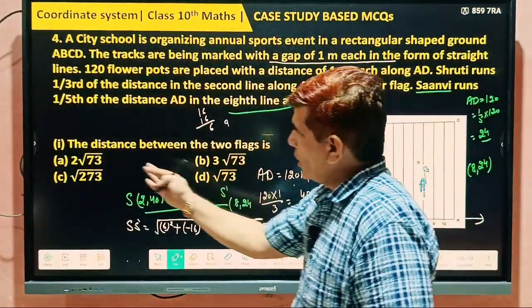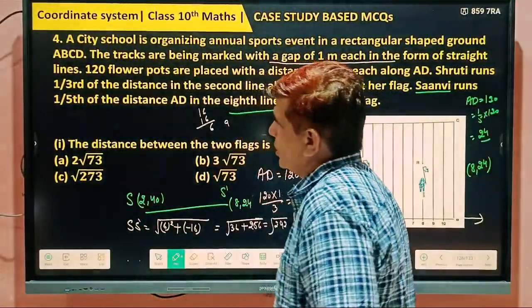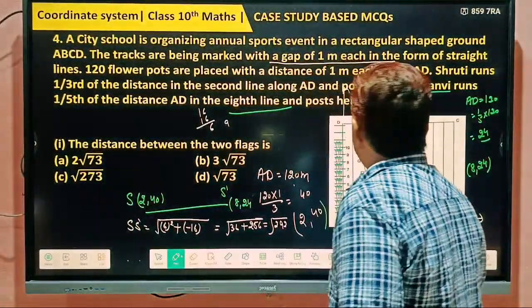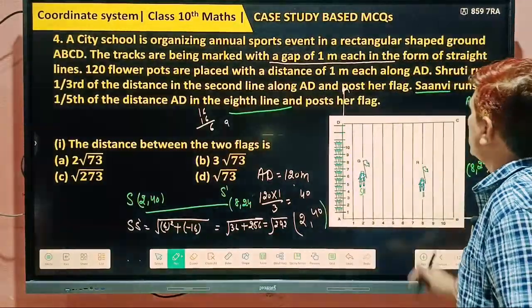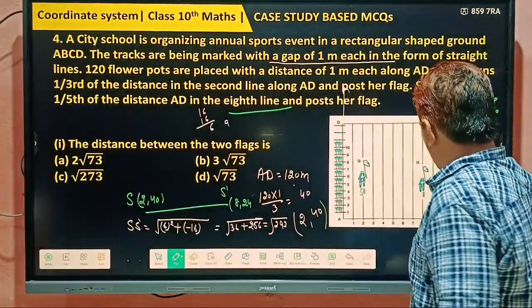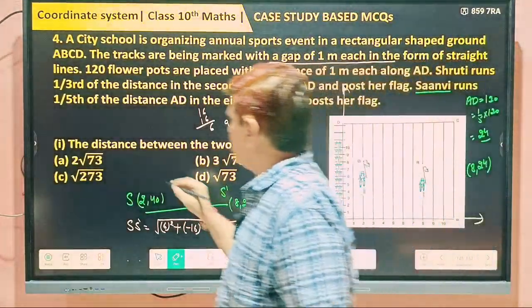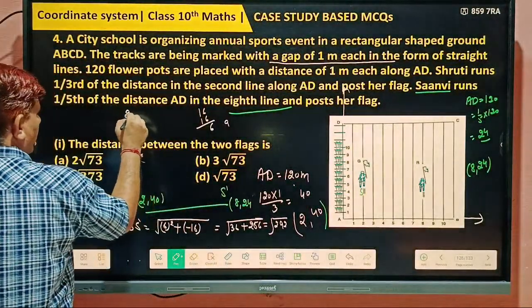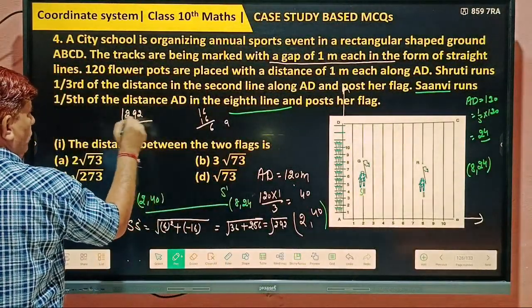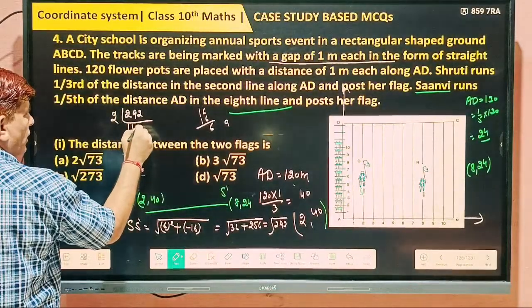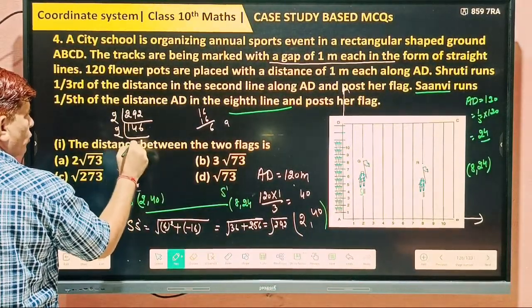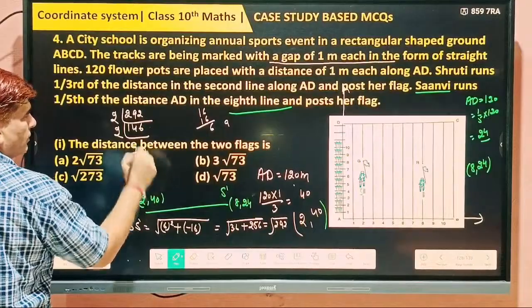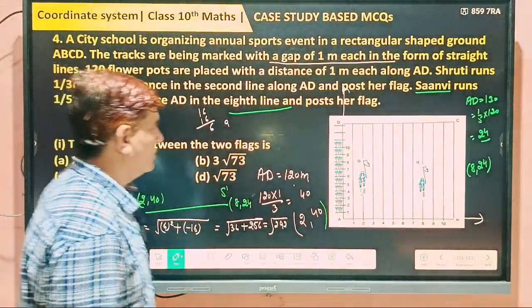Then not any one of these answers is from these. So how can we solve it? We can find out its factors. 292 divided by 2: 2 ones are 2, 2 fours are 8, 6. Again with 2: 2 sevens are 14, 3. So what are its factors?